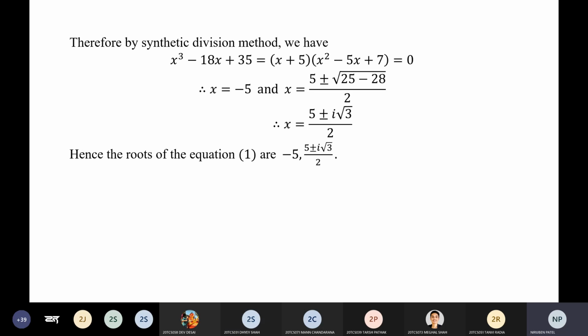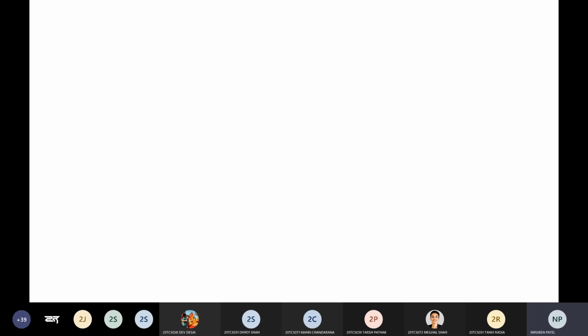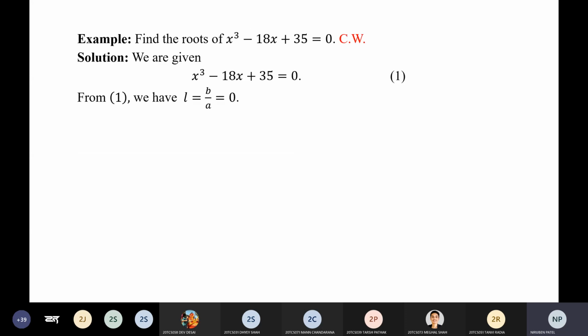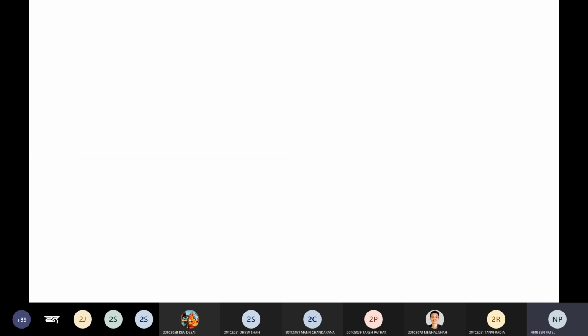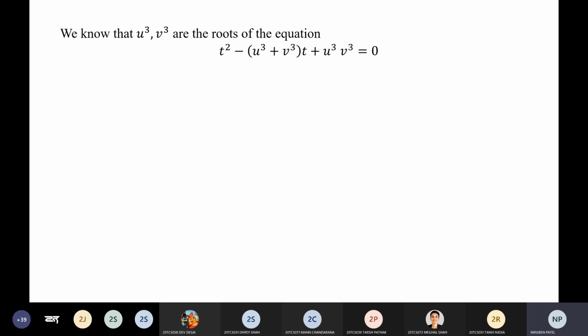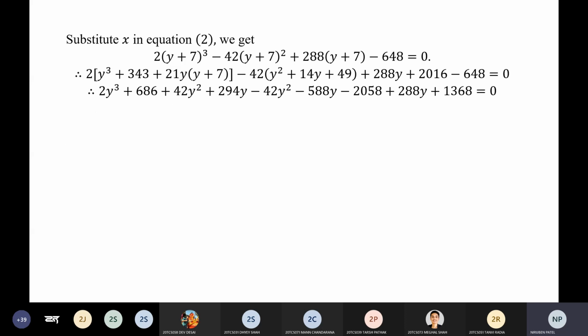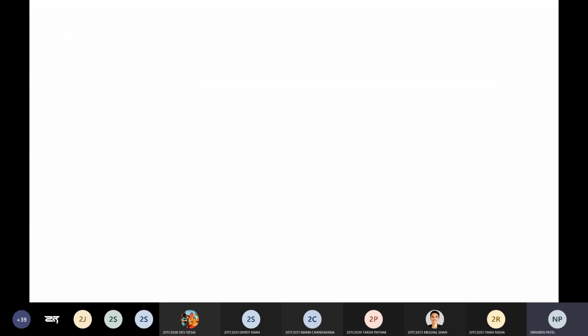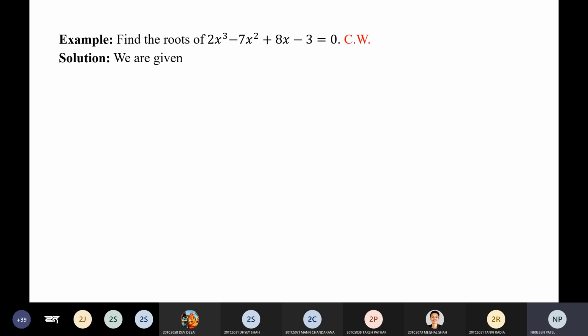So let's try another example. Write down this example. Find the roots of 2x cube minus 7x square plus 8x minus 3 is equal to 0.